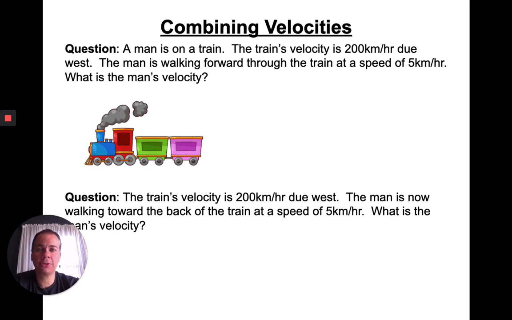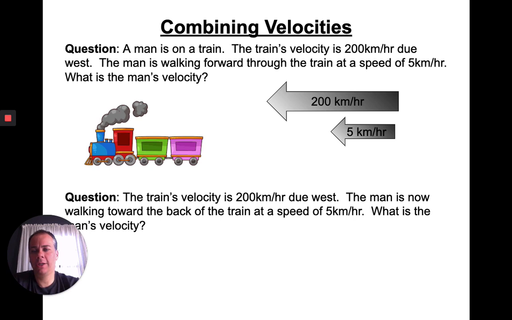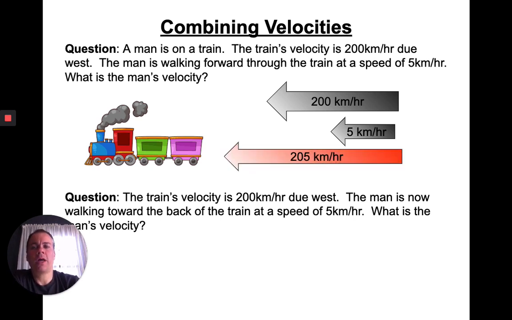If that man also is walking forward through the train at a speed of 5 kilometers per hour, what's that man's overall velocity compared to outside of the train? If you were looking out the window, you'd see things going by at an overall speed of the train moving 200 kilometers per hour, plus he's also moving on that train an additional 5 kilometers per hour. So overall, that man's moving at 205 kilometers per hour.